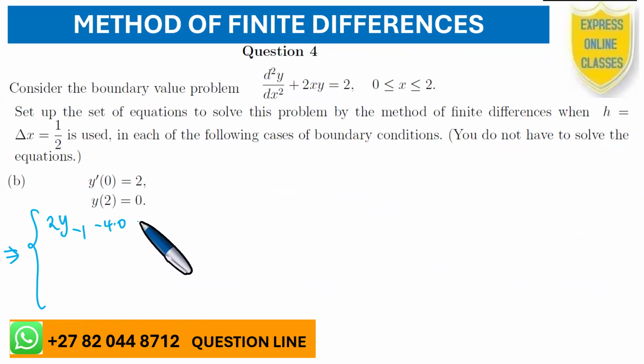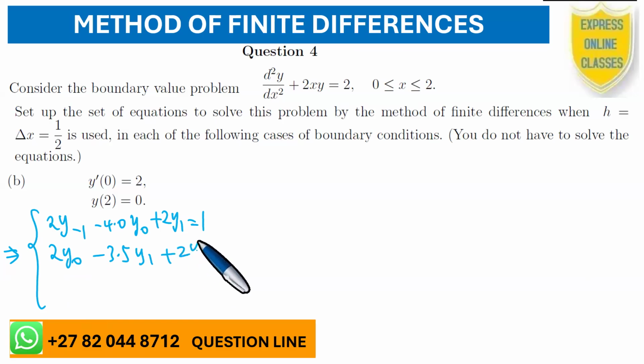Minus 4.0 y0. 2y0 minus 3.5 y1 plus 2y2 equals 1.